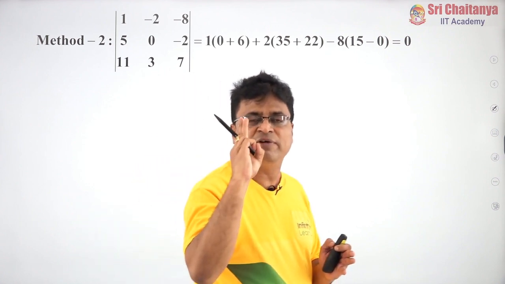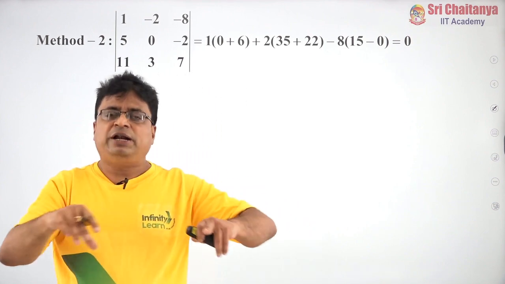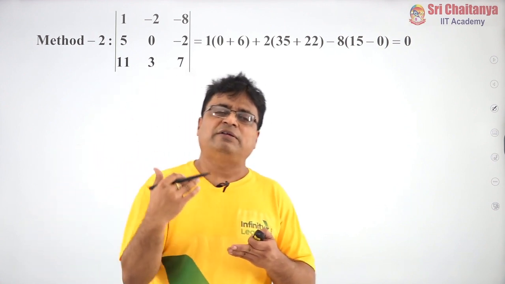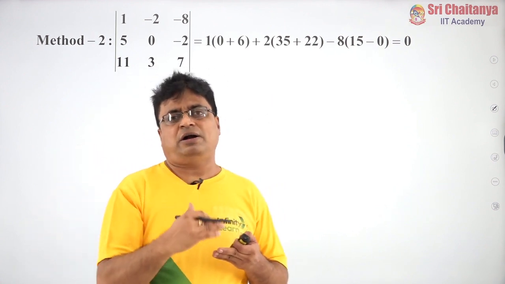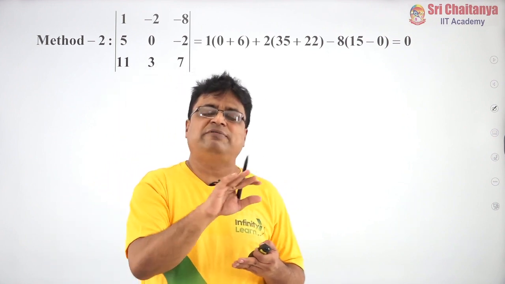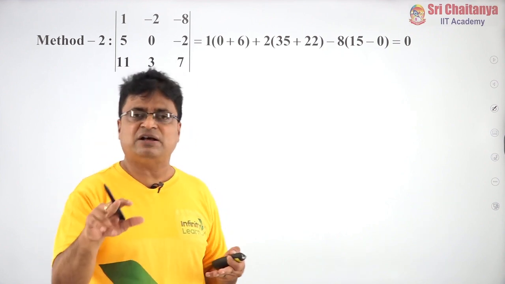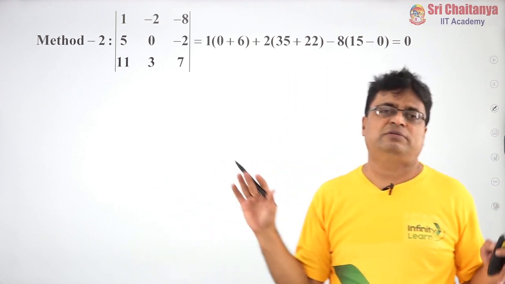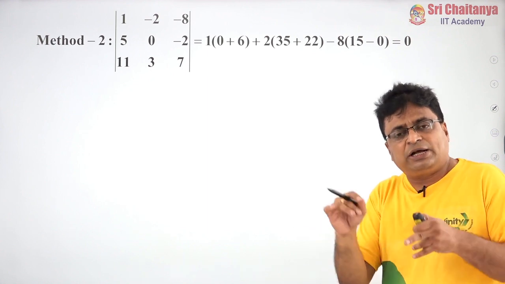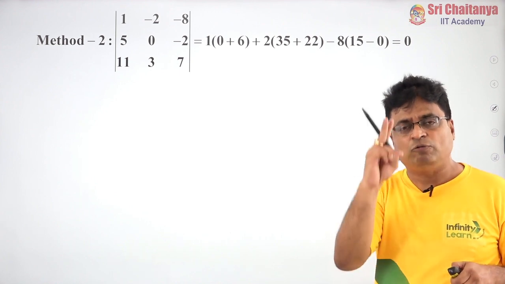Please don't ask, when 3 vectors are given, whether they are collinear or not. If anybody asks the question like that, the statement itself is wrong. So please don't apply the collinearity check for 3 vectors. That is only for 2 vectors.